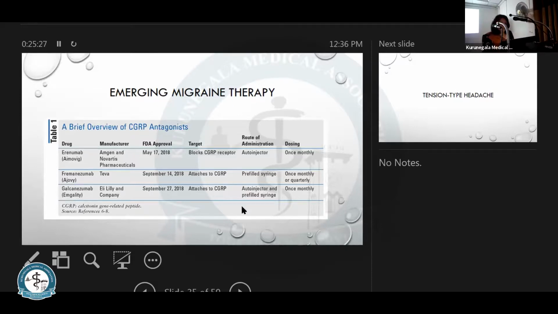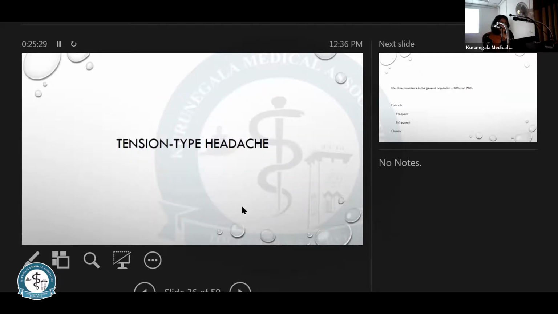The second headache disorder is the tension type headache. This is the most common primary headache disorder. Because it is not that severe, the patients usually do not come to us. Migraine patients, yes, they cannot bear the pain, so they come. But these patients, though it's very common, do not seek medical advice.